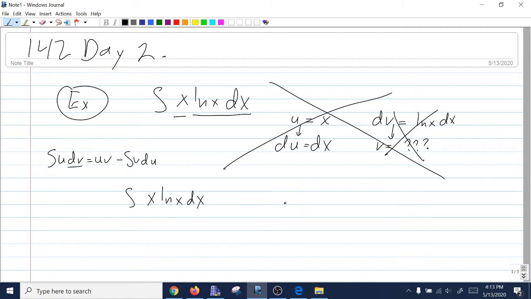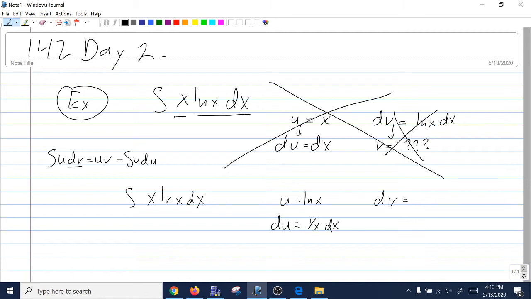Well, I'm still lecturing about integral by parts, so integral by parts is probably a good idea here. If making u be the x wasn't a good idea, maybe I should let u be the other thing. Try u as natural log x. Then du is the derivative of natural log x, which is 1 over x dx.